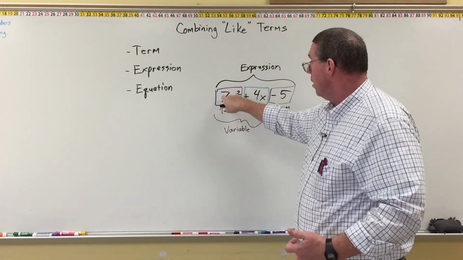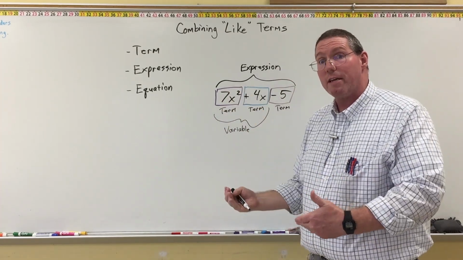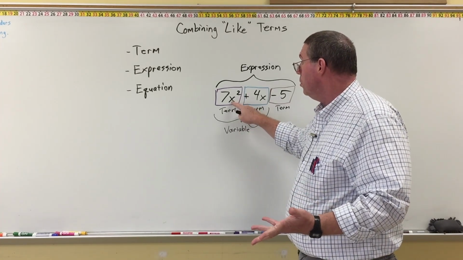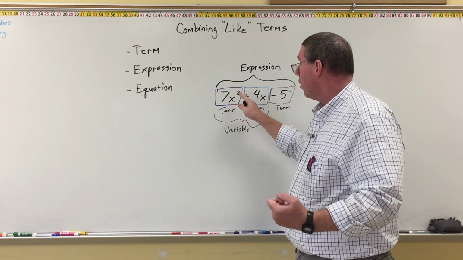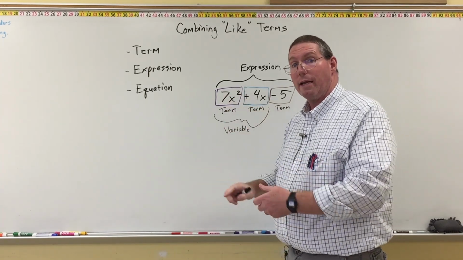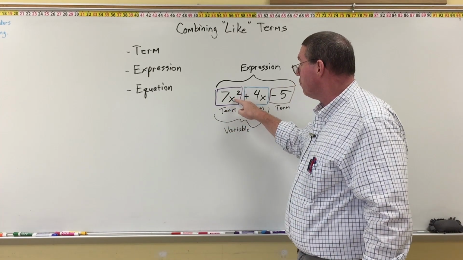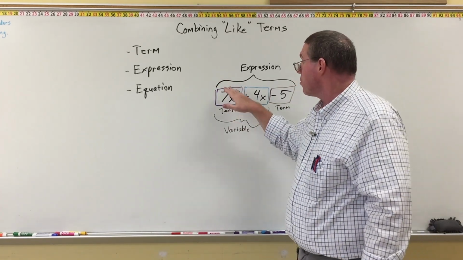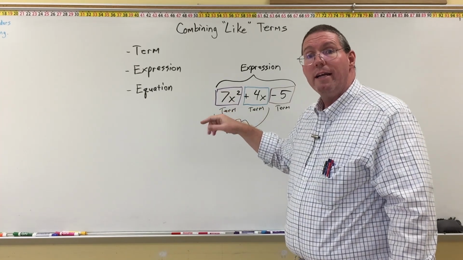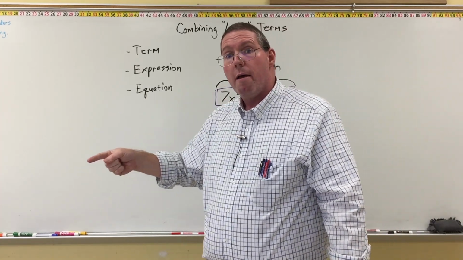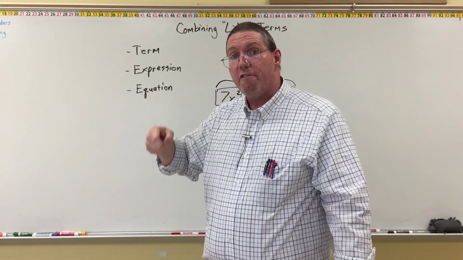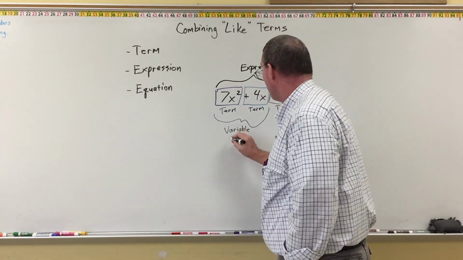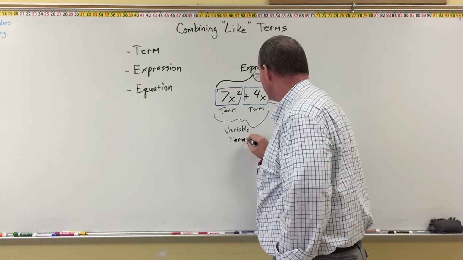And so the value of this term would be 7 if x is equal to 1. But if x was equal to 2, 2 squared is 4, and 4 times 7 is 28. So if x took on a value of 2, then this term would take on a value of 28. And since this term can take on differing values based on different values of x, it is called a variable term. So these are variable terms.